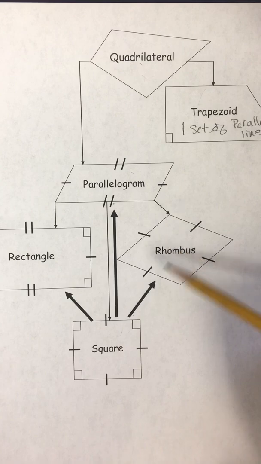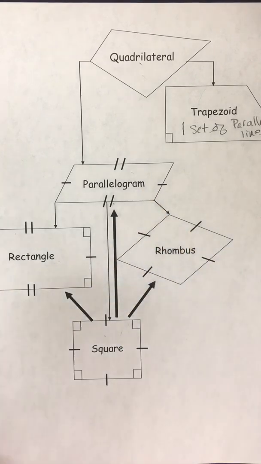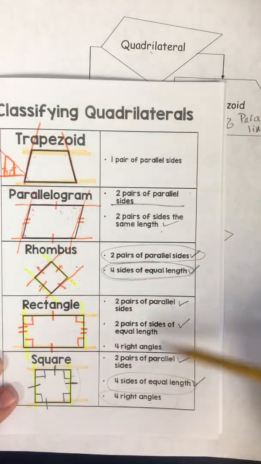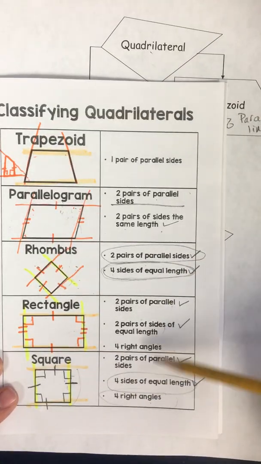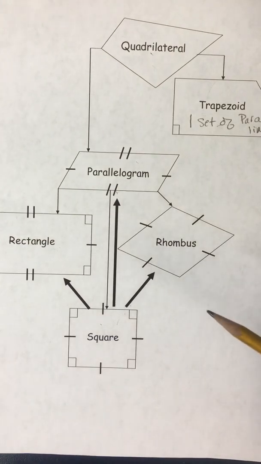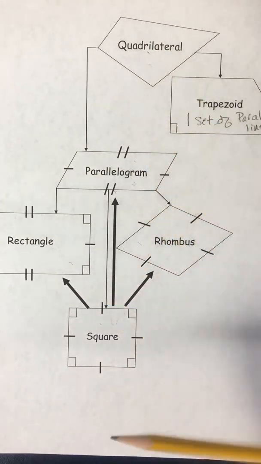A square can be a rhombus, it's a parallelogram, and it actually meets the definition of a rectangle, and I didn't show you that there because it has two sets of parallel sides, opposite sides are equal, and it has right angles. So the square is that special quadrilateral, and it's actually all three of these things and a quadrilateral.